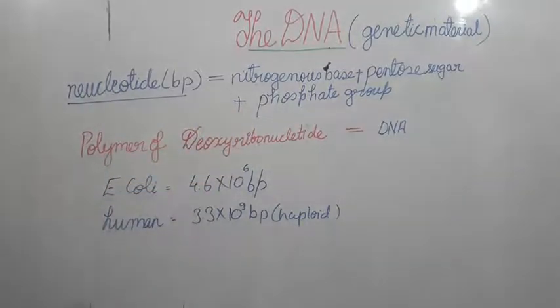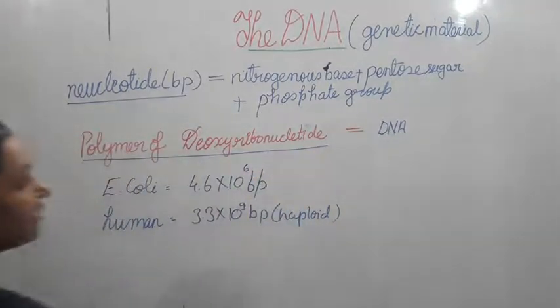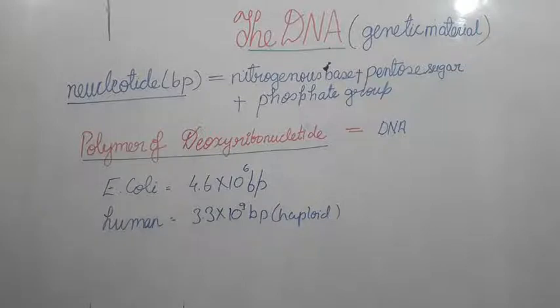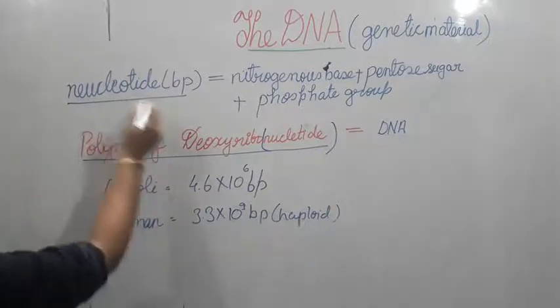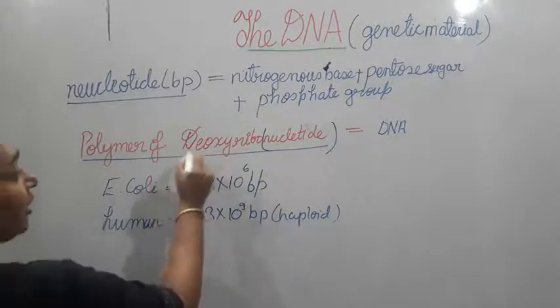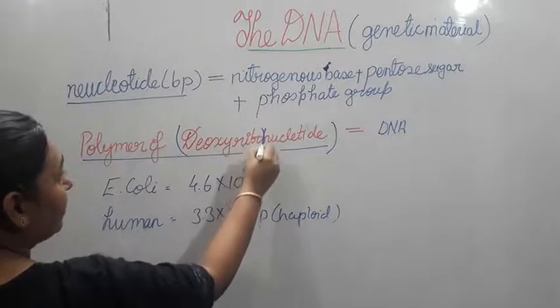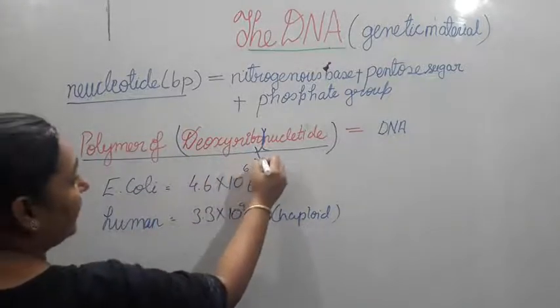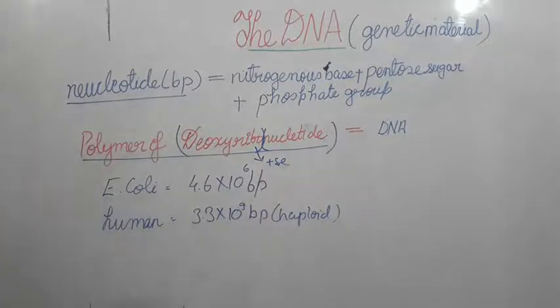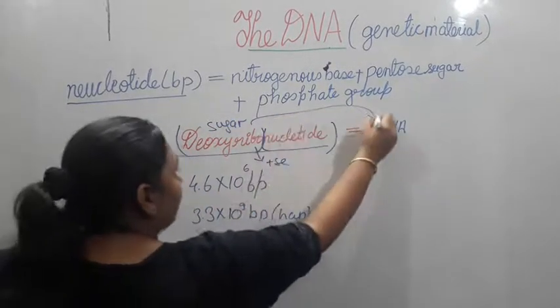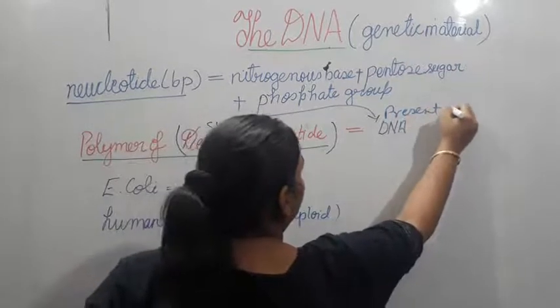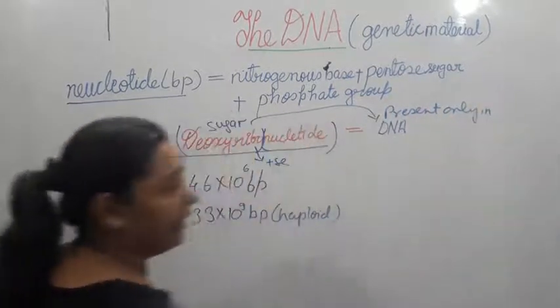Now the DNA which you see, you can also call a polymer of deoxyribonucleotide. In the word deoxyribo, if you add ribose, this is a particular type of sugar which is present only in DNA.